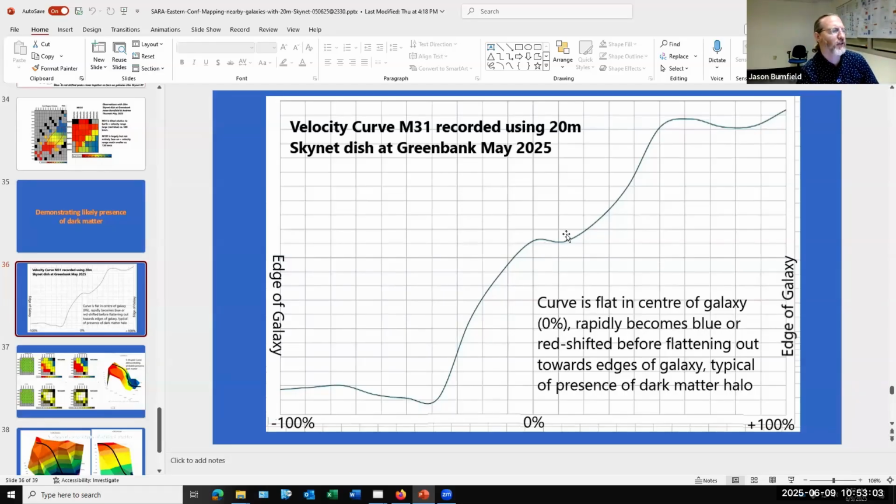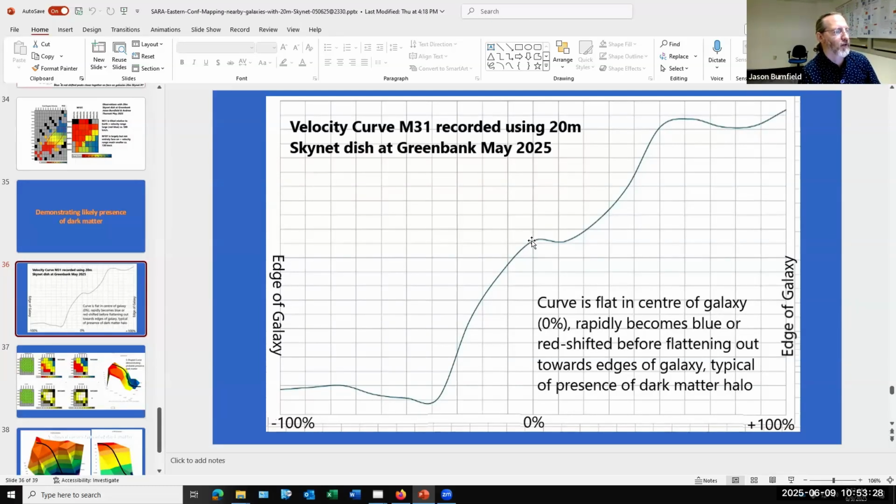If you were looking purely at the visible matter in the galaxy, you would expect it to definitely show that there's a concentration of matter in the center of the galaxy, and then it spreads out as you go farther into the disk, right?